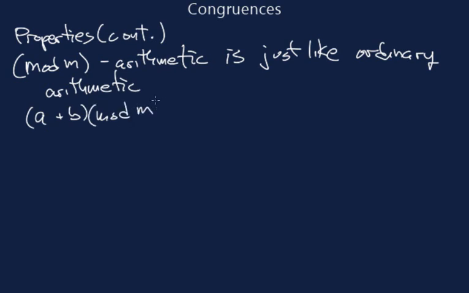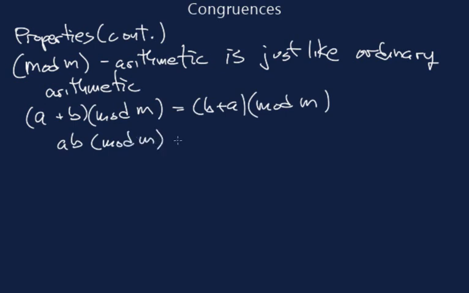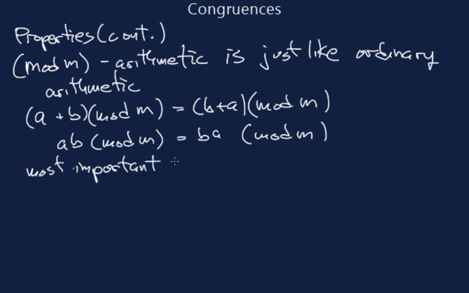So for example, what's certainly true is that a plus b mod m is equal to b plus a mod m. If m divides a minus b, then if m divides a plus b, it divides b plus a. Similarly, m divides a times b if and only if m divides b times a. So addition and multiplication are commutative, mod m.